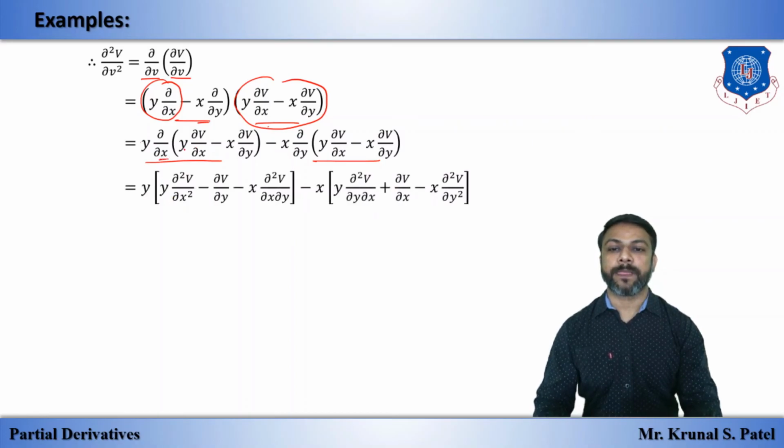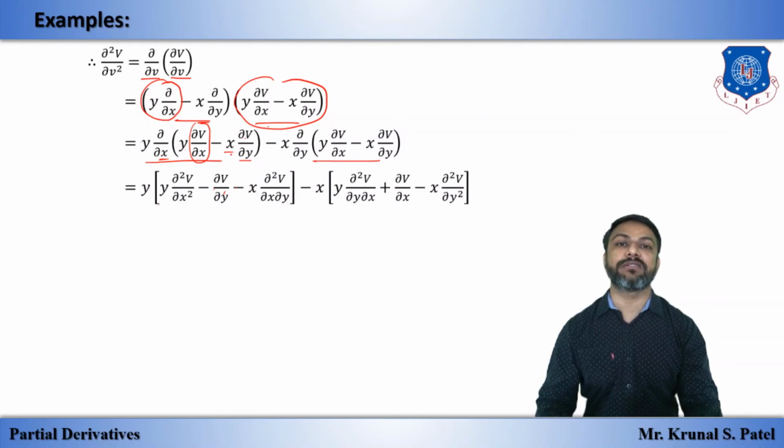Because we are differentiating with respect to x partially, y is constant, and differentiation of del V by del x is del square V by del x square, minus, the product rule for these two. So this term as it is, and differentiation of x is 1. Why minus? Because this is minus, and in the product rule we have a plus in between. So now del V by del x as it is, and differentiation of this term with respect to x is del square V by del x del y, and the same way for this.